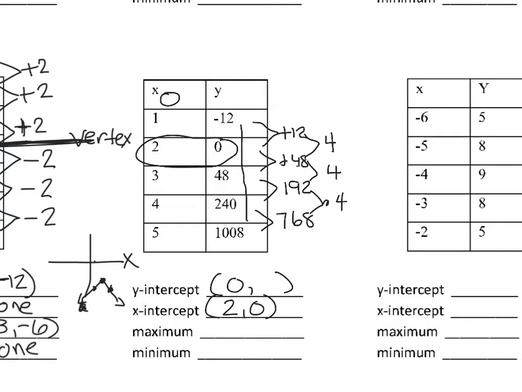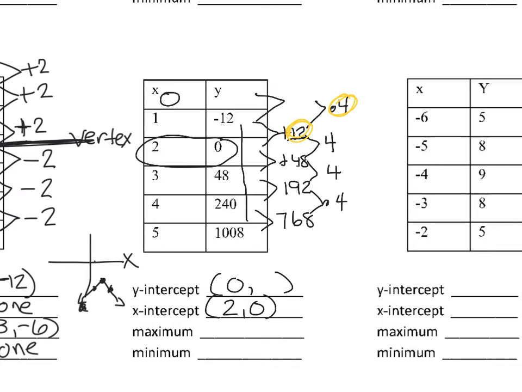Okay? All right, so if I'm going backwards, I'm going to have to first go up here and multiply by 4. What times 4 is 12?